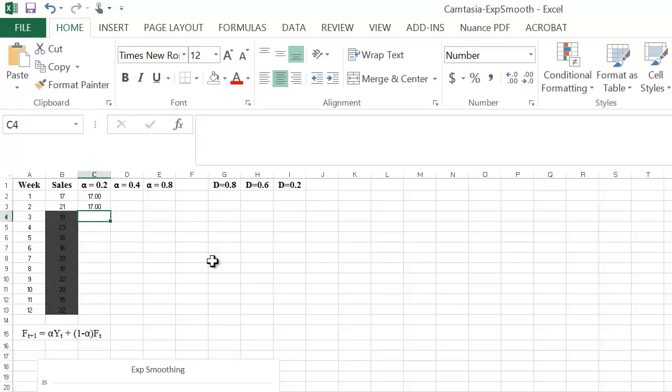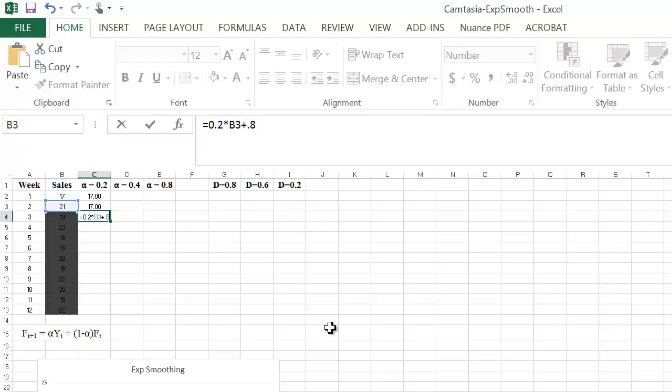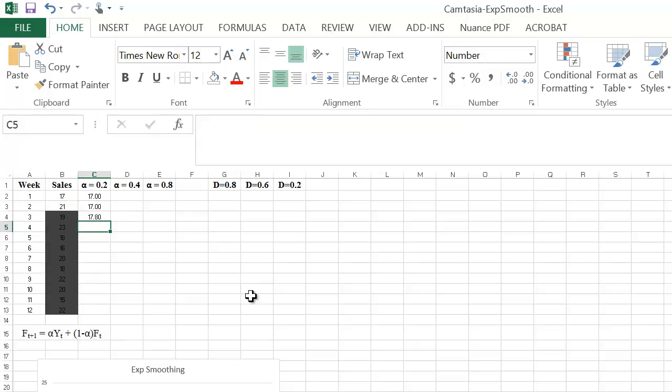Exponential smoothing says once again, my forecast for period 3 would be 0.2 times the actual value of sales that I saw in period 2, plus 0.8, which is 1 minus 0.2, multiplied by my forecast for period 2. So my forecast for period 3 is 17.8.